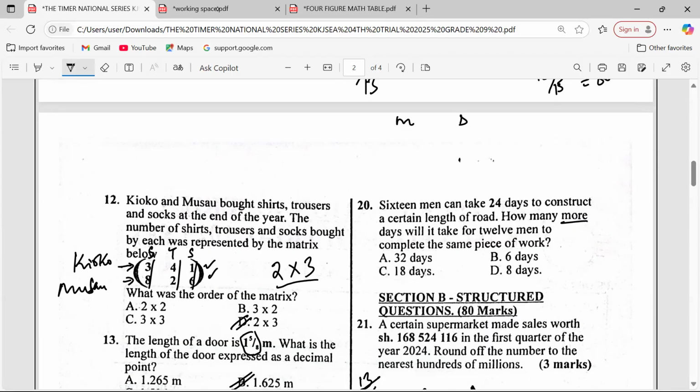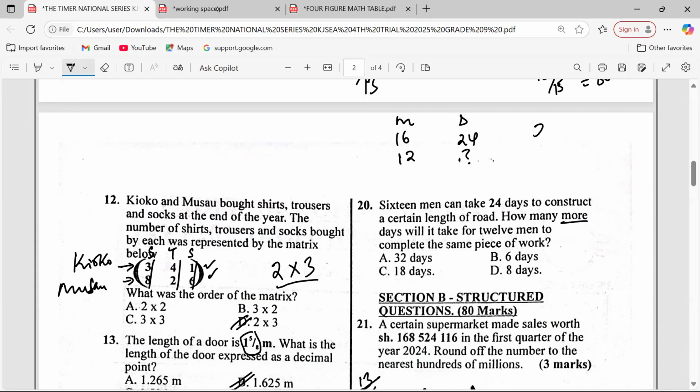So 16 men are taking 24 days. Now we need other men working at the same rate. How many more days will it take 12 men? So 12 men will work for some days.